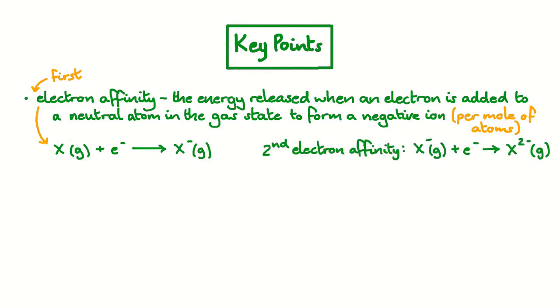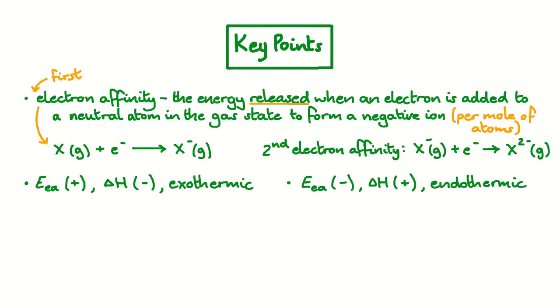An element's second electron affinity is the energy associated with the process of adding an electron to an ion with a 1- charge. A positive electron affinity indicates a negative enthalpy change, indicating an exothermic process. And naturally, the reverse, a negative electron affinity, indicates a positive enthalpy change and an endothermic process.